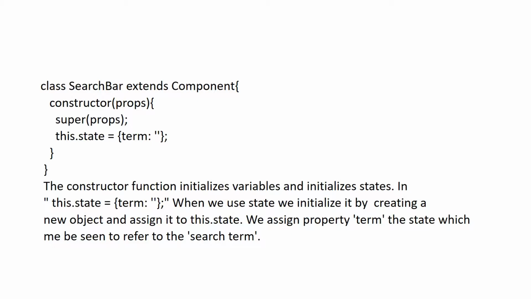The constructor function initializes variables and initializes state: this.state equals, within curly braces, term colon, empty single quotes. When we use state, we initialize it by creating a new object and assigning it to this.state. We assign the property term to the state, which refers to the search term in the search bar.